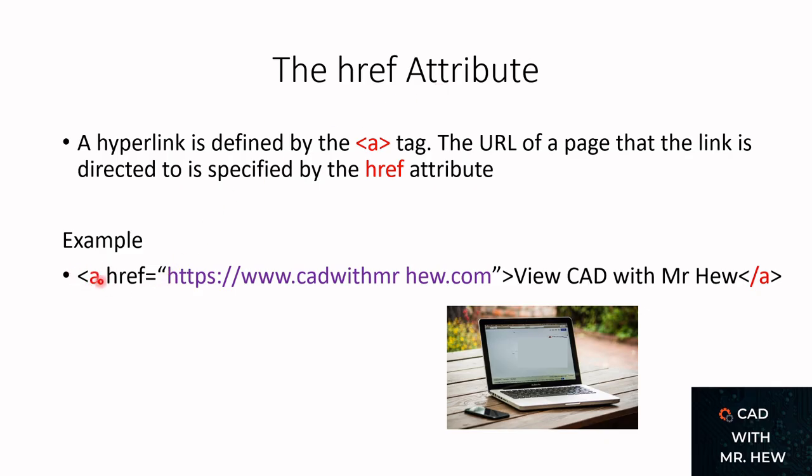So here we have the left angle bracket and we have the anchor tag represented by the A, and then we have the attribute href is equal to open quotation https://www.academysterhugh.com close quotation, right angle bracket, and here we have the words view candidate Mr. U. And then we have the closing tag for the anchor tag, represented by the left angle bracket forward slash A right angle bracket.